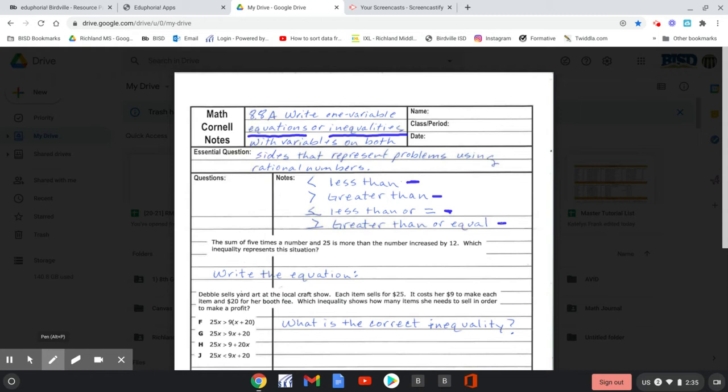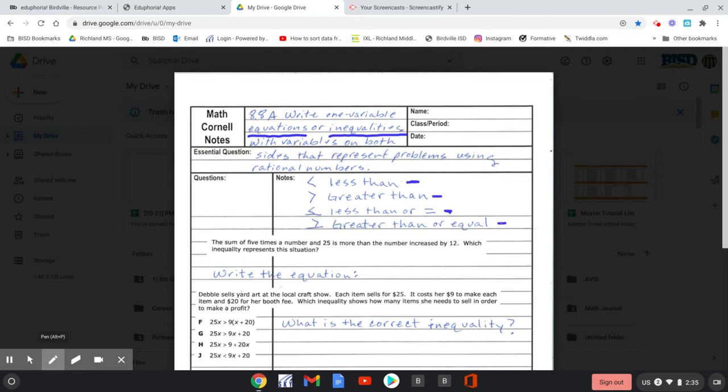Now, our first thing is we're just going to write equations or write inequalities. We're not going to solve them yet. So we need to know how to write this. And we started doing this in the last unit when they were talking about 4 more than a number and stuff like that. So this is an extension of that.